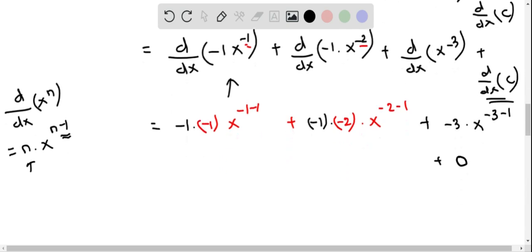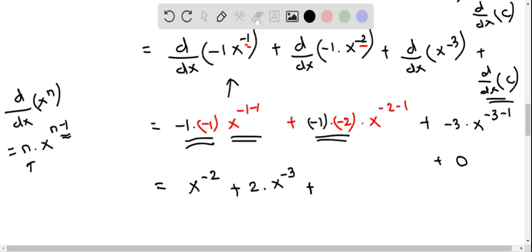So let's simplify or write down in a better form. This negative 1 times negative 1 is positive 1, and x raised to the power of minus 1 minus 1 is x raised to the power of minus 2. And then we have minus 1 times minus 2 is positive 2 times x raised to the power of minus 2 minus 1, which is x raised to the power of minus 3.